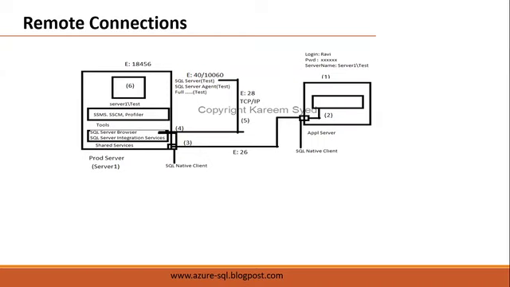That is how the connectivity is happening. It is clear, right? We have seen what a remote connection is, what a local connection is, how we enable remote connections, and what the common errors are while connecting.